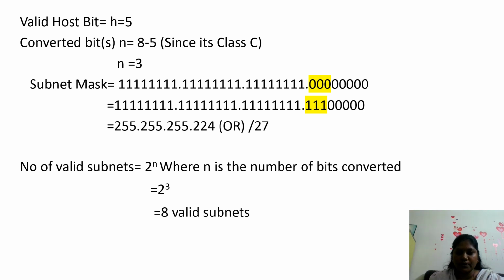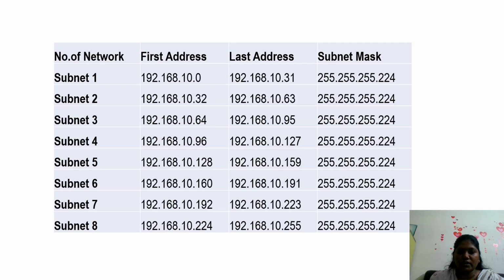As we saw previously, the value of h, the valid bits, is going to be 5. So the total number of IP addresses that can be assigned for each and every subnet is nothing but 2 power h, which is 2 power 5. So each and every subnet can occupy 32 addresses. Subnet 1 is going to have the range from 10.0 to 10.31, which means it can have 32 IP addresses.